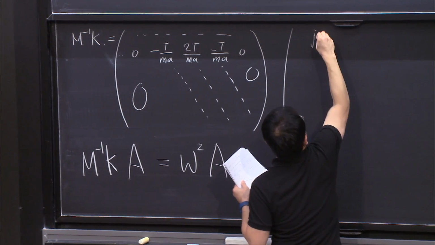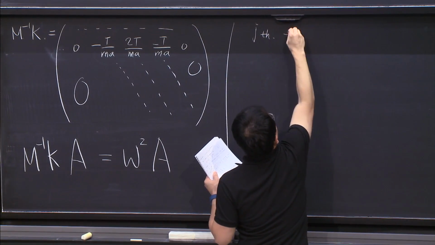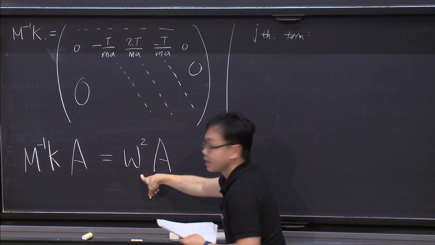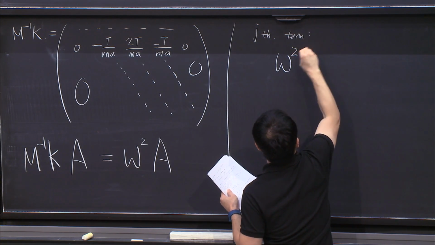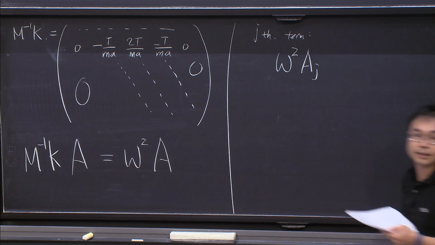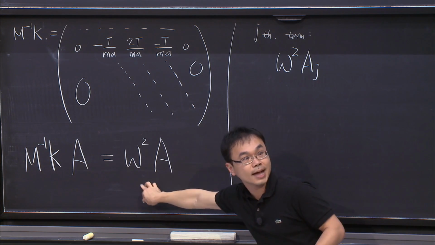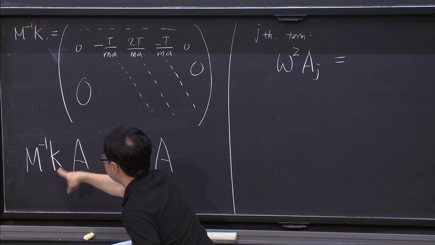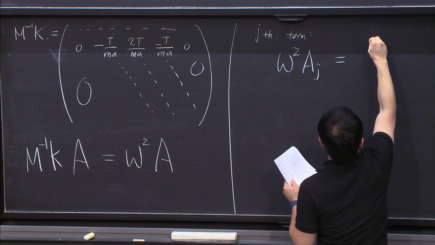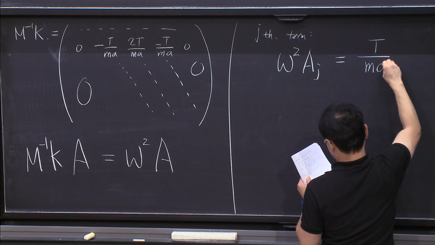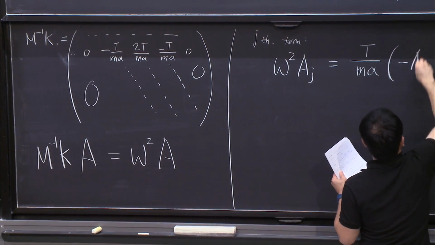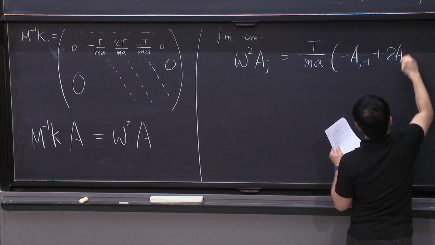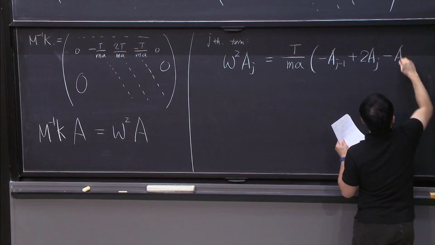If I again focus on the j-th term, basically what I'm going to get is, on the right-hand side, omega square aj. That is from the right-hand side. And on the left-hand side, M-inverse-K times A, what I'm going to get is T over Ma times minus aj minus 1 plus 2 aj minus aj plus 1.